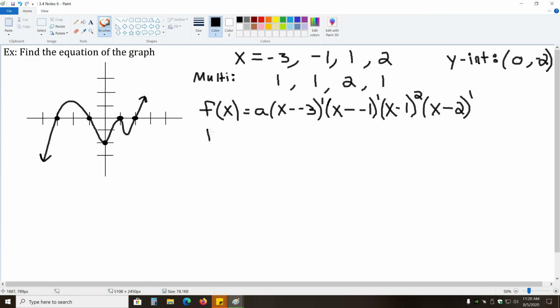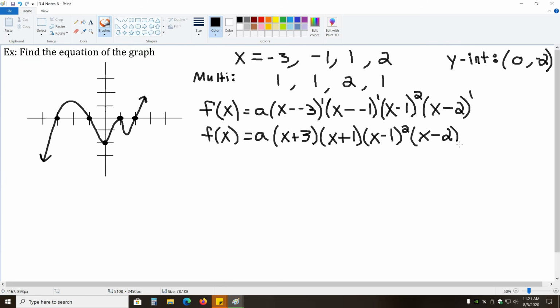So simplifying this, we get f of x equals a times (x plus 3) times (x plus 1) times (x minus 1) squared times (x minus 2).